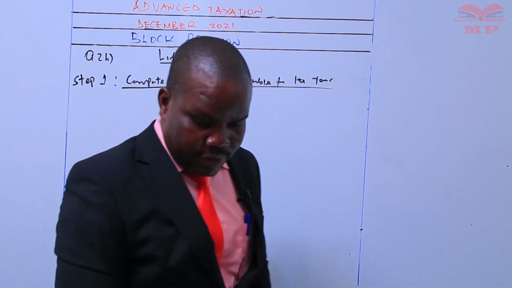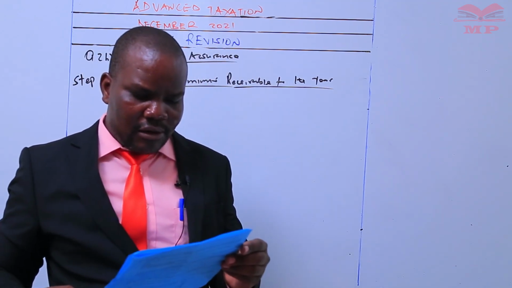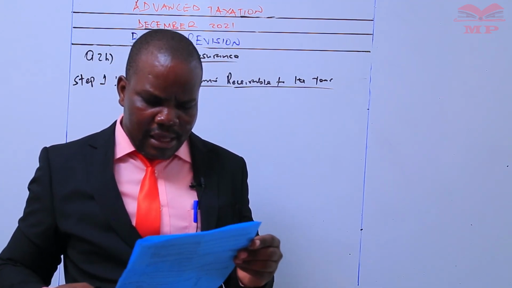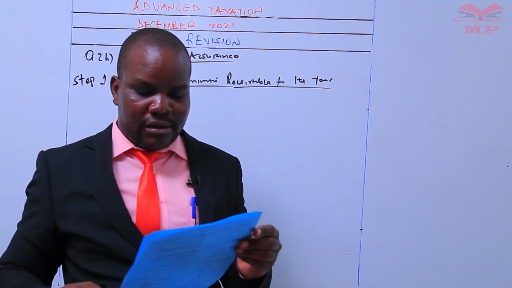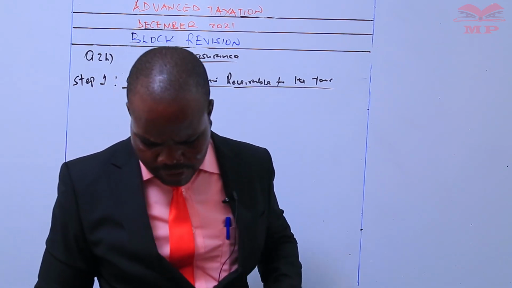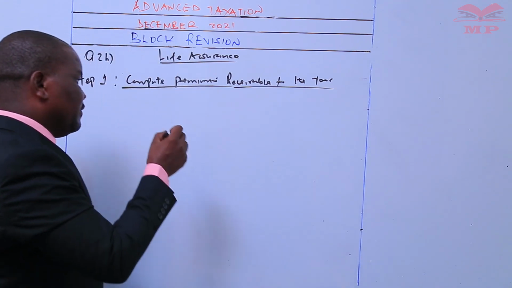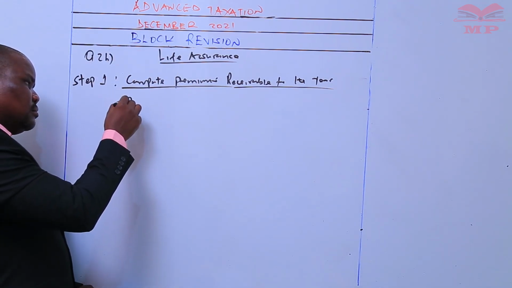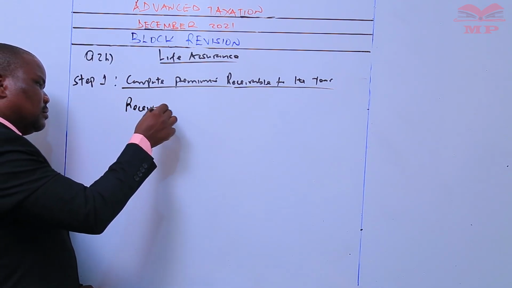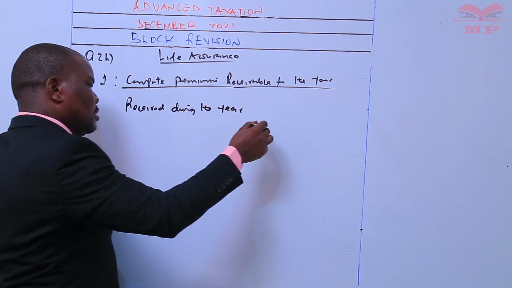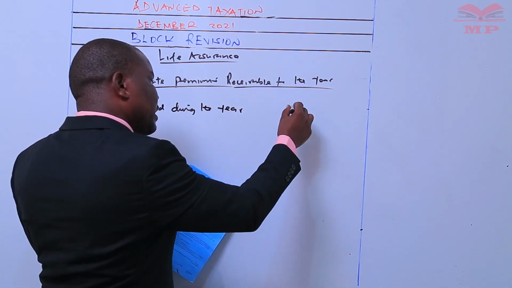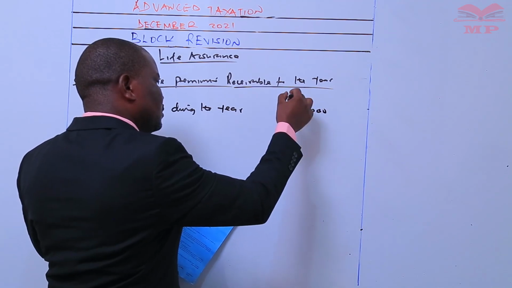If you look at the question, we have what they're calling premiums received in the year, that is under life assurance, of 100 million shillings. So we say received during the year is 100 million shillings.